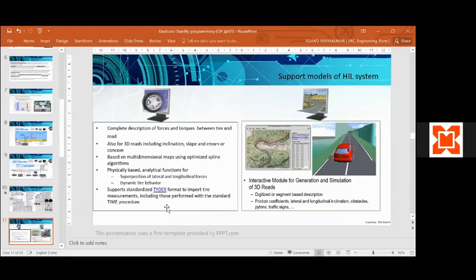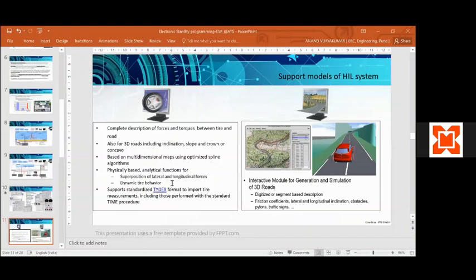If you really see, the tire model is very important for this simulation, especially for electronic stability controller, so the tire model needs to be more accurate. Currently, I can say globally, TYDEX, that is Tire Data Exchange, is a kind of consortium which generates the data of the standard tire models, which is said to be more accurate.